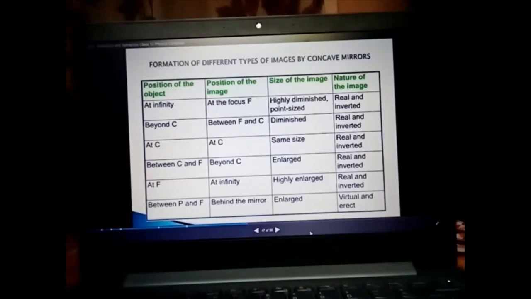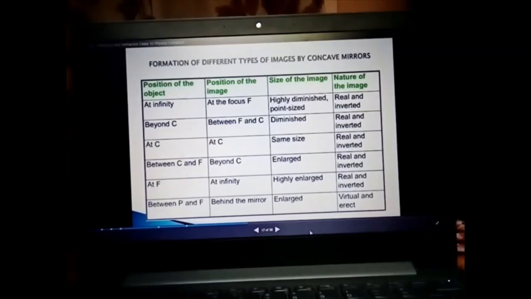Nature of the image is virtual and erect. So, there are 5 cases for real and inverted image, and there is one case for virtual and erect image in case of the concave mirror.